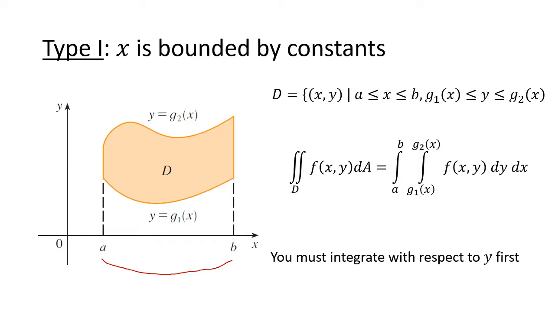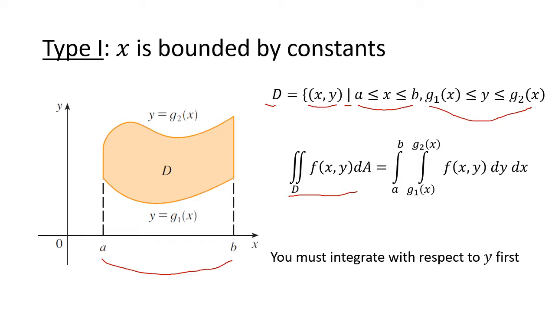Now, in set notation, the way we would write this is, my region D is every ordered pair x and y such that x is bounded between a and b, and then y is bounded between these two functions. The key when we set up our integral is that we're going to have to put our bounds in.